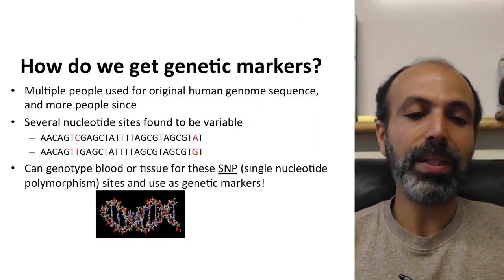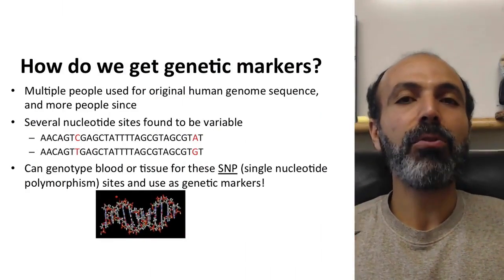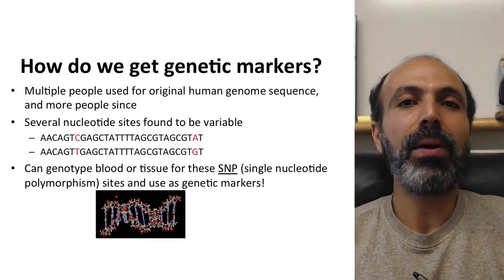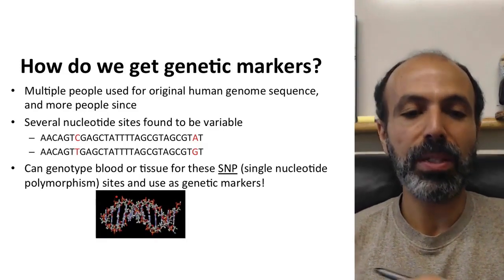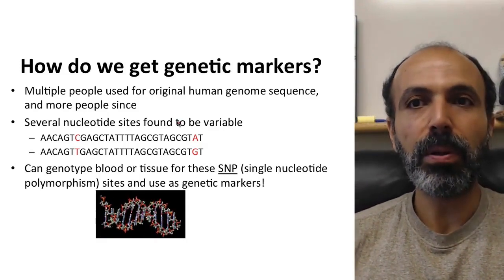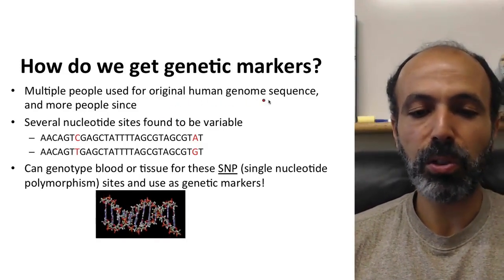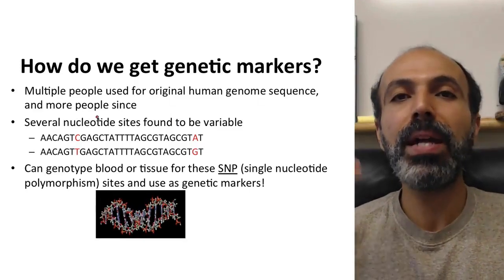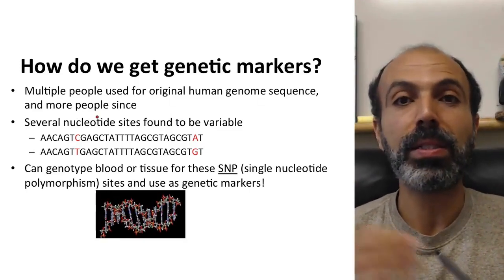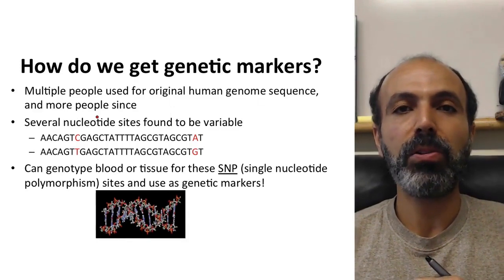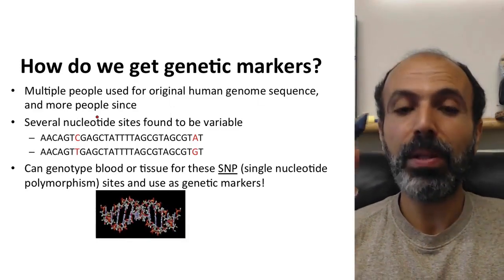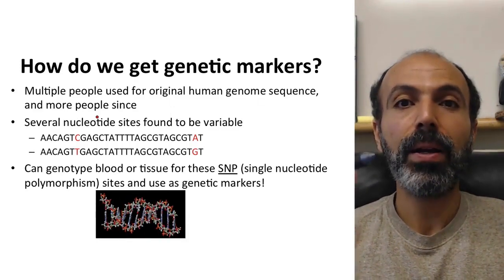So how do we get genetic markers? Well, again, this is where we can leverage some of the resources that came about partly as a result of the human genome sequence. Multiple people were used for the first original human genome sequence, and we've had many, many more human genome sequences since that first one that came out around 2001. And what happened in doing this is you can compare nucleotide sites.